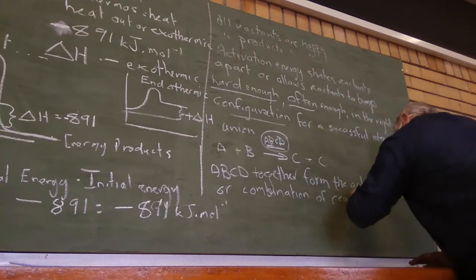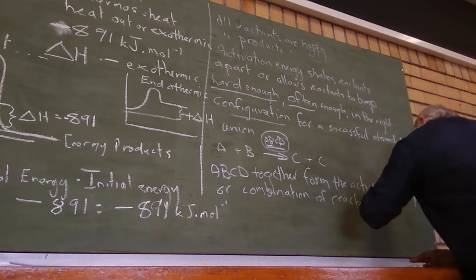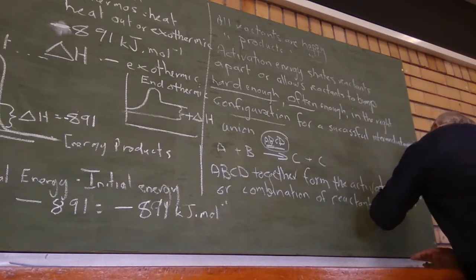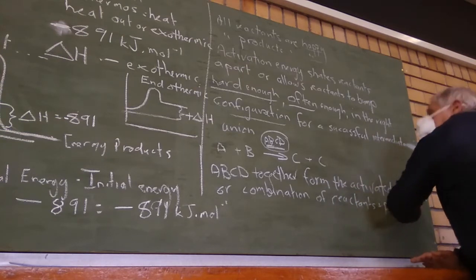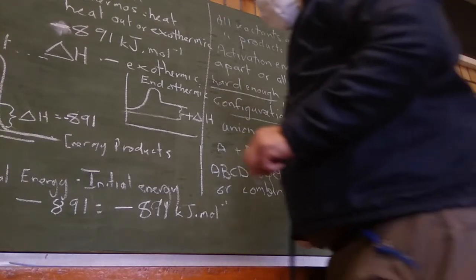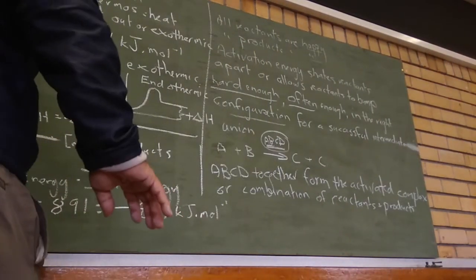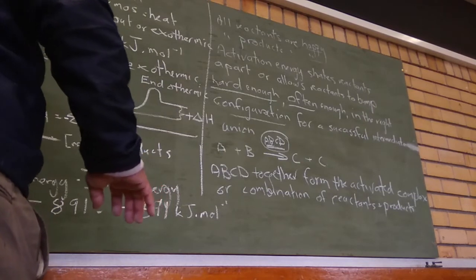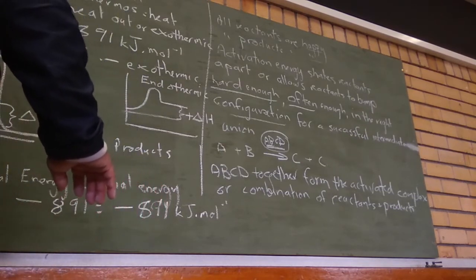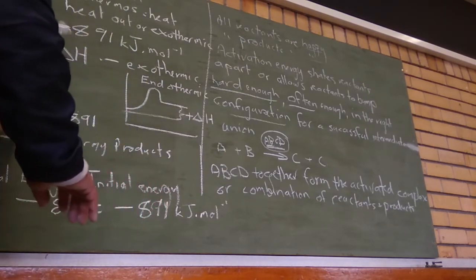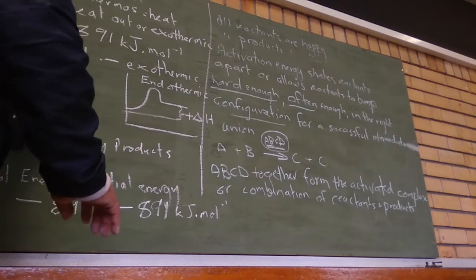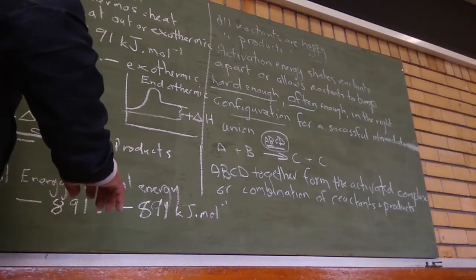So on this graph, you would have A plus B here. Here you would have C plus D, but at the top we have A, B, C, and D as some intermediate activated complex.